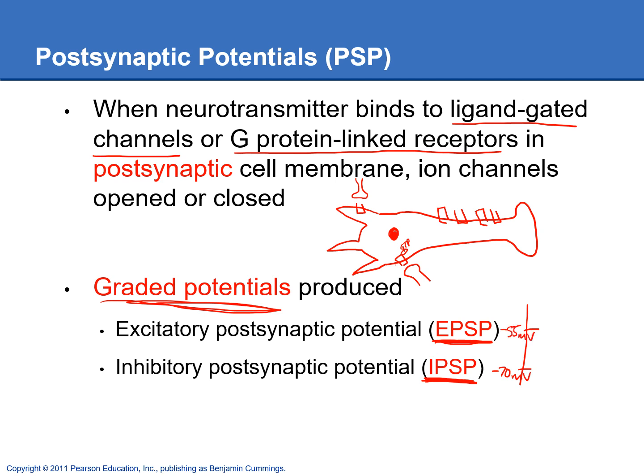And remember, threshold is that magic number, minus 55 millivolts, right here at that axon hillock. And if we reach threshold at the axon hillock, that's going to trigger the opening of the voltage-gated sodium and potassium channels, and that'll trigger an action potential to start, and then we can send that down the axon.